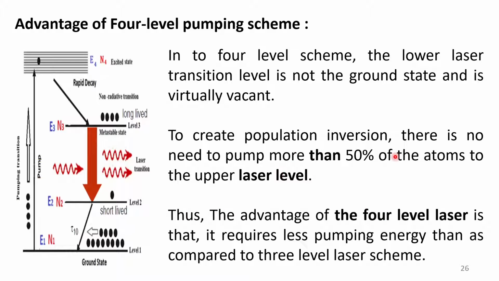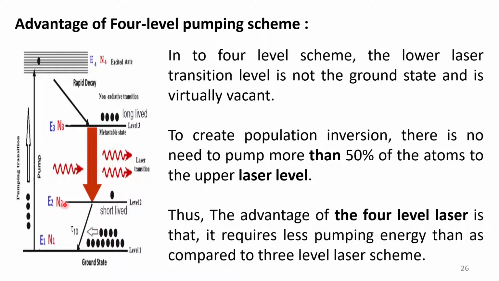To create the population inversion, there is no need to pump more than 50% of the atoms to the upper laser levels. Now, we have seen that in a four level pumping scheme, the population inversion is achieved between the levels E2 and E3.